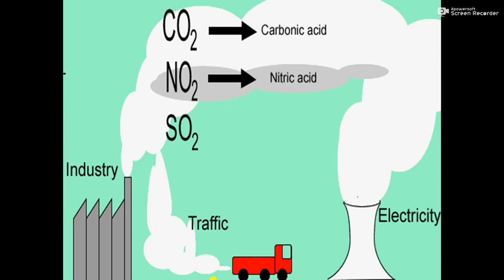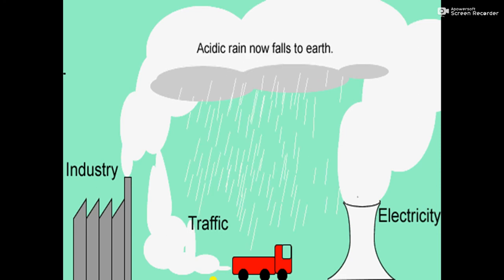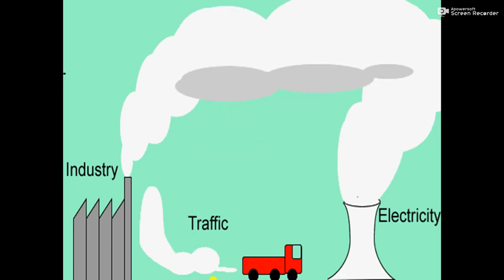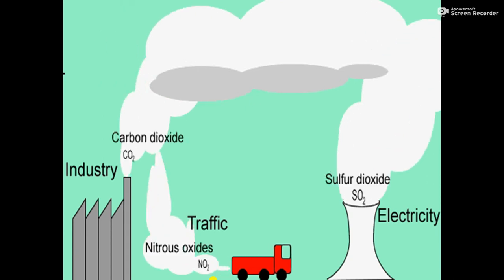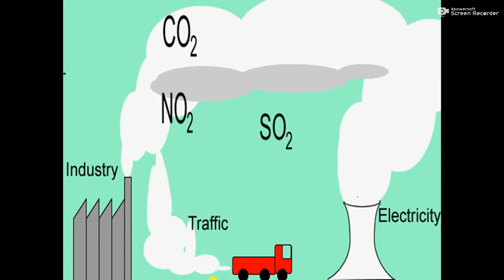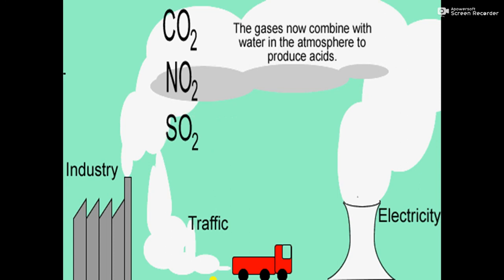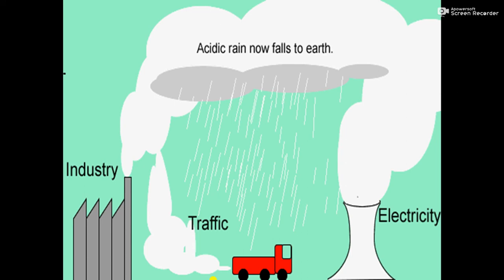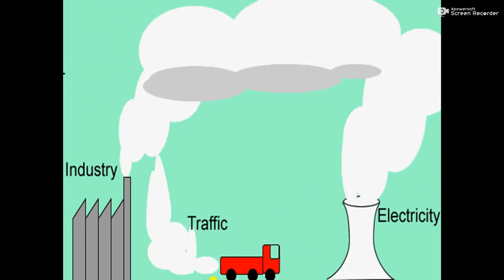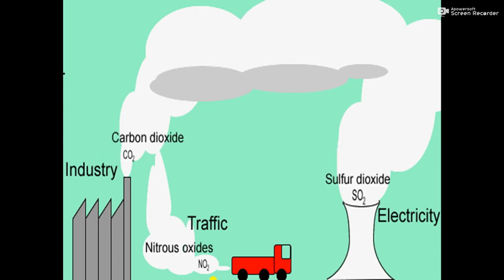When they mix with water they form acids: carbonic acid, nitric acid, sulfuric acid, and then this acid falls on the earth as acid rain. So this is how acid rain is formed. CO2 forms carbonic acid, NO2 nitric acid, SO2 sulfuric acid. These are the three acids, and when they are formed, they cause acid rain.